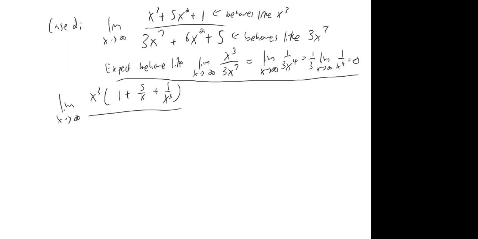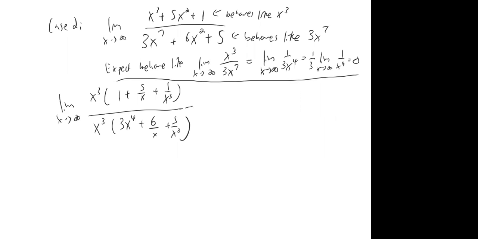And then factor out x cubed here. 3x to the 4th plus 6 over, oh, sorry, yeah, in this case, that works. 6 over x plus 5 over x cubed.